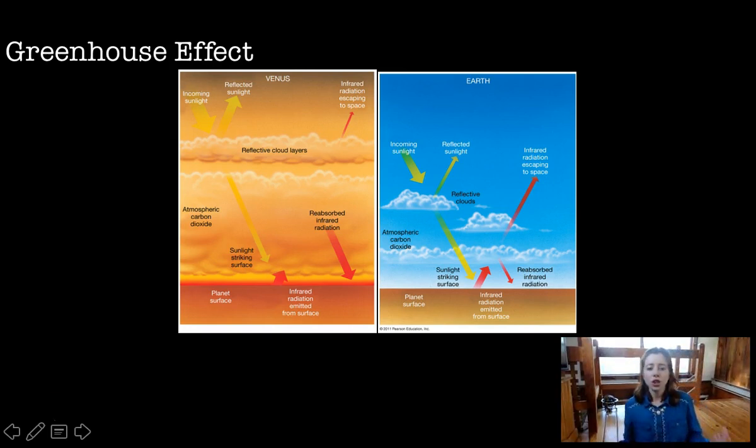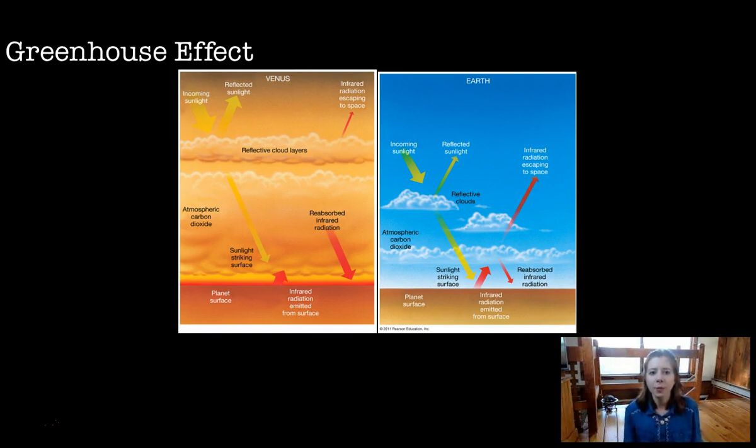Now, this is just showing how solar radiation comes into the atmosphere of Venus versus that of Earth. So looking at these cross sections, Venus is on the left, Earth is on the right. The yellow arrows represent shortwave solar radiation.